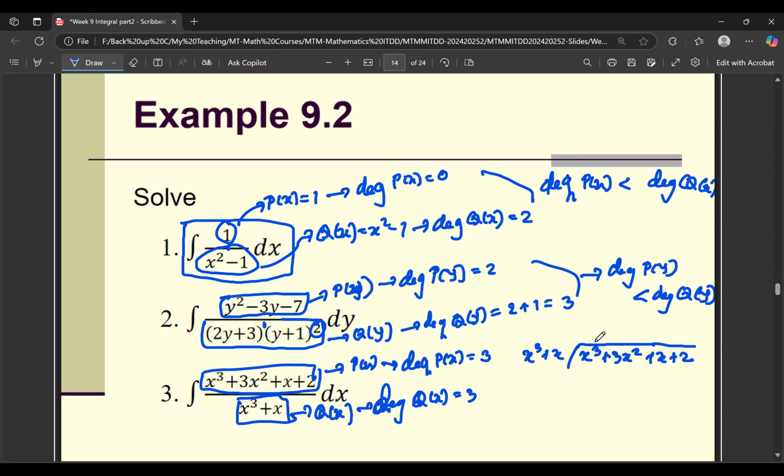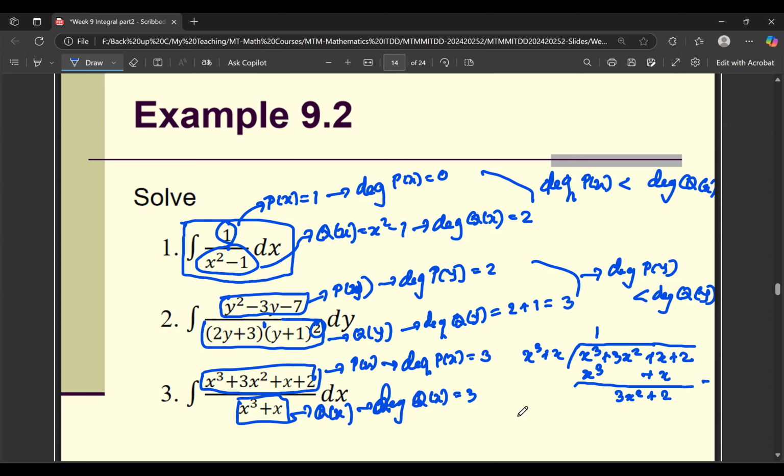That means we do ordinary division, as we know from junior high school. We multiply by 1, so this is x cubed and this is plus x. So we subtract them, and we have 3x squared plus 2.